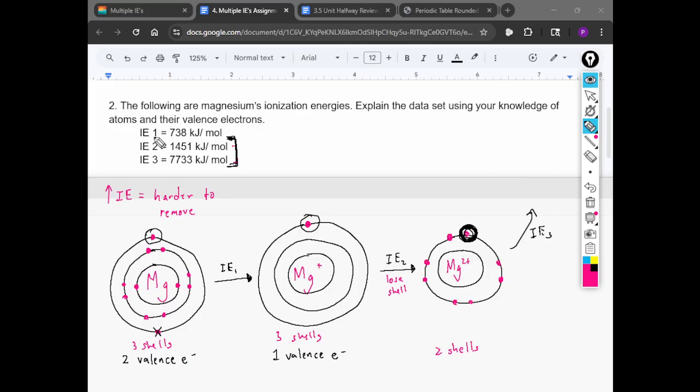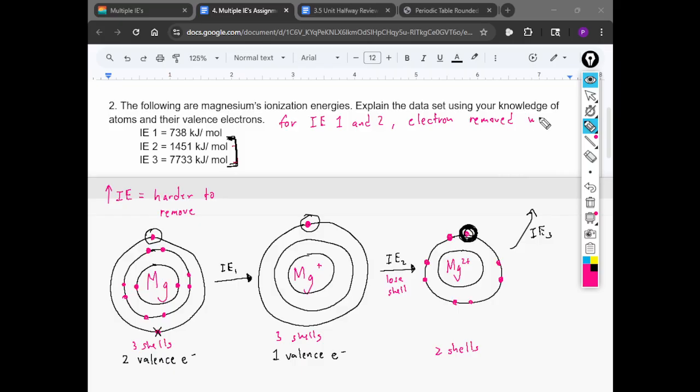For IE1 and 2, we are taking an electron away from the 3rd shell, right? So we would write for IE1 and 2, the electron removed. Which shell was it in? Yeah, the 3rd shell.